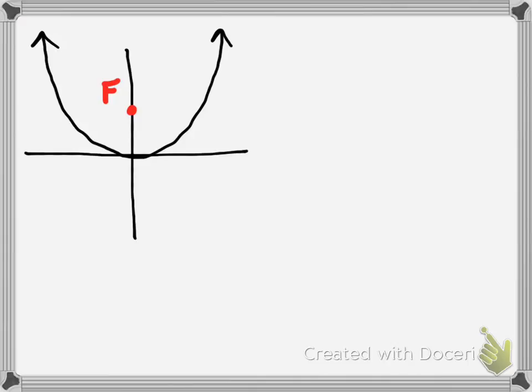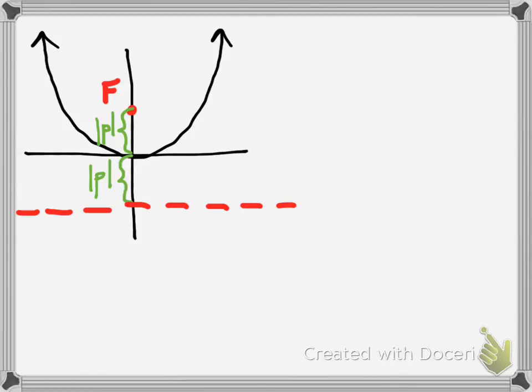We'll go ahead and label the distance from vertex to focus as the absolute value of p, and then travel the opposite direction, also the absolute value of p, so that we can have our fixed line, which is our directrix.